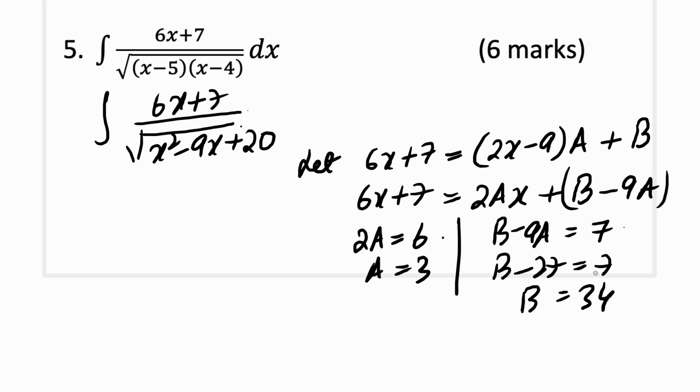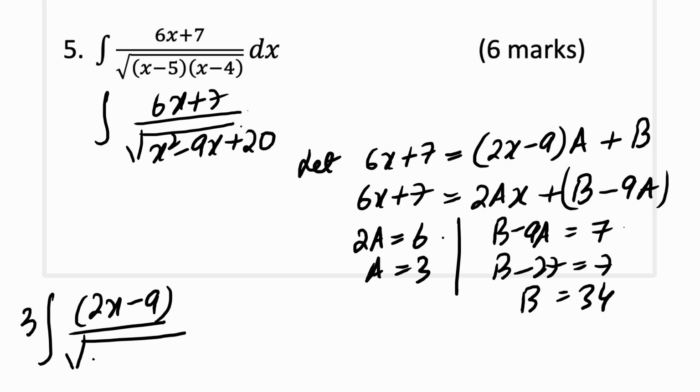Okay, so I hope you got this. Now we can write the numerator 6x plus 7 as 3 times 2x minus 9, and then we will write down integration of 3 times 2x minus 9 upon under root x square minus 9x plus 20, dx.